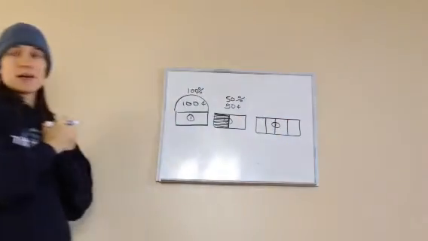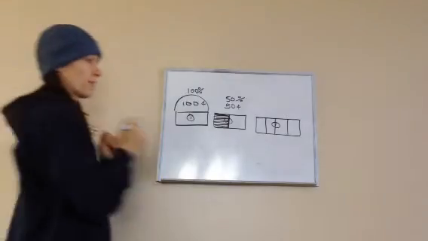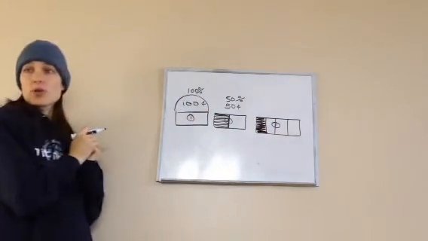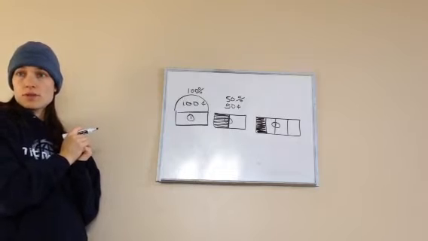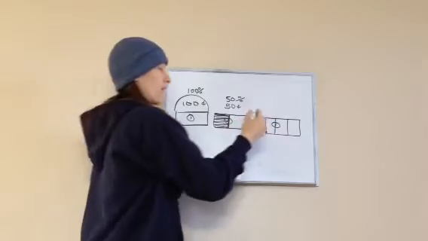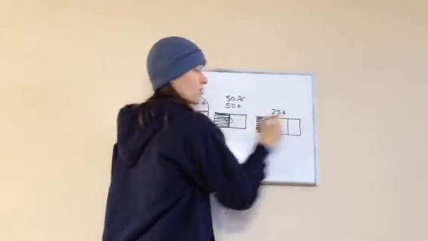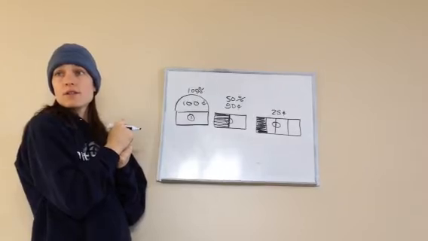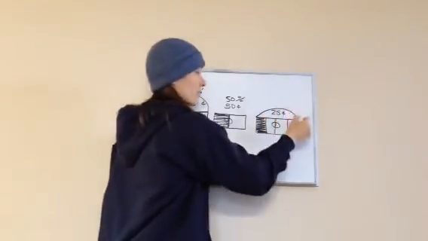How many times did I break it up? 4. If I were to fill in one of these, what would that equal? Not all of this, just this portion. 25 cents. And how much percent? Not 100, all of this is 100.